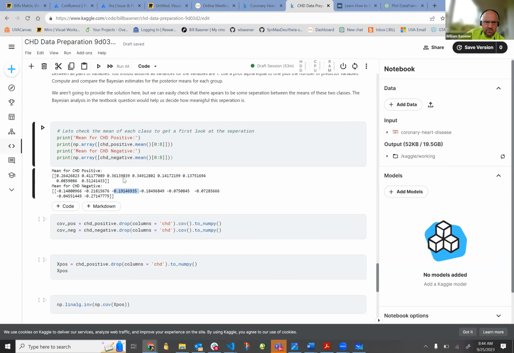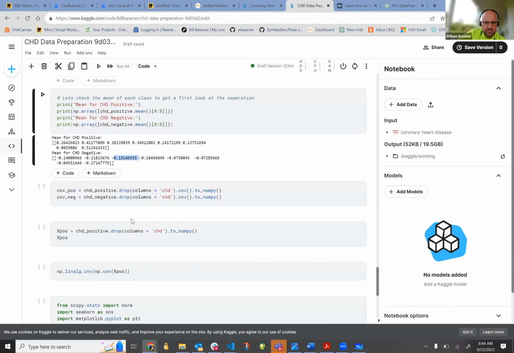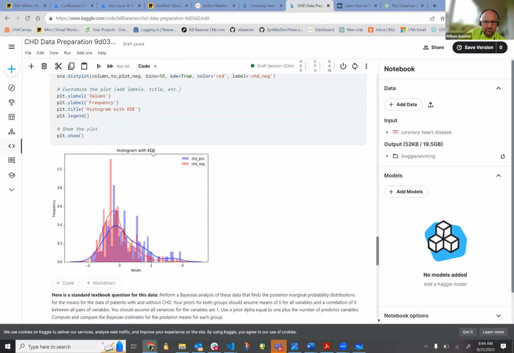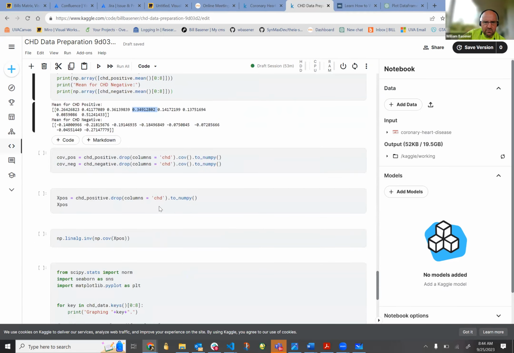Similar here, this is LDL cholesterol. So higher cholesterol for people with coronary heart disease. The next factor is adiposity. What does adiposity mean?